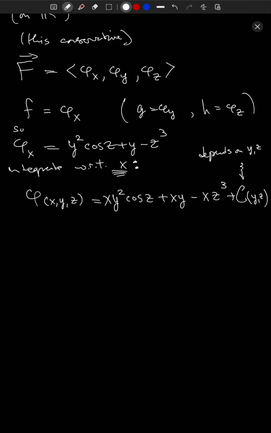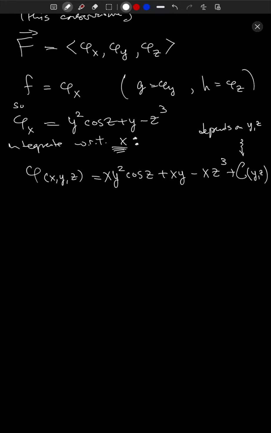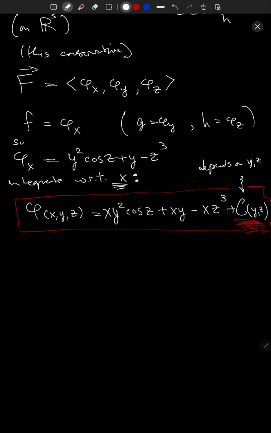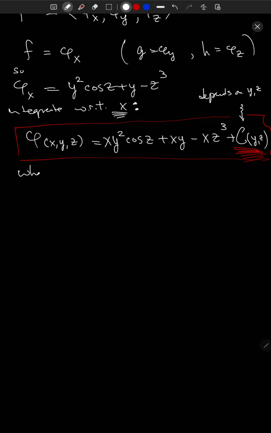So this means it's a little harder than we might have thought. We integrated to get phi, but we actually still don't know the full answer because we don't know c. The rest of our computation is actually just to figure out c. So the question is now, what is c of yz?